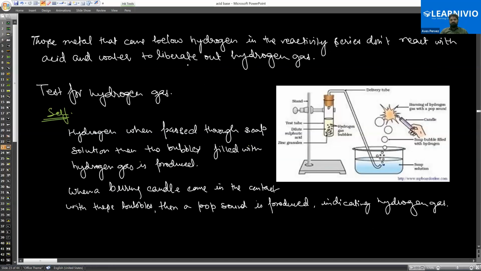Now, those metals that are below hydrogen in the reactivity series do not react with acid and water. Neither do they react with acid nor with water to produce hydrogen gas. Okay, note it down first.